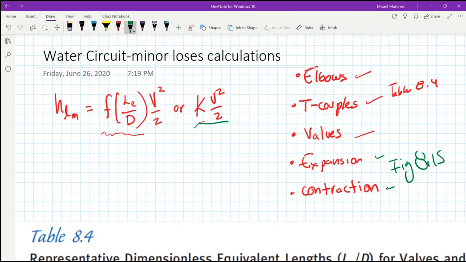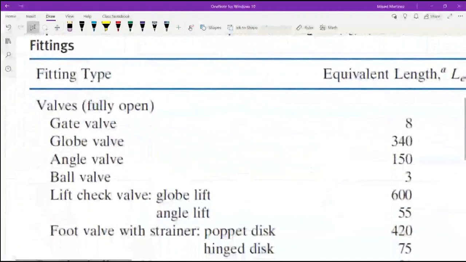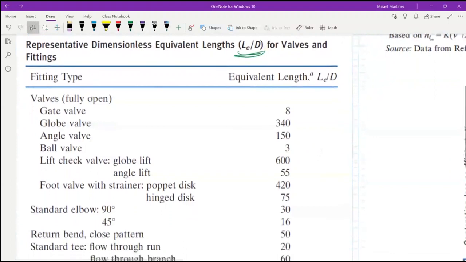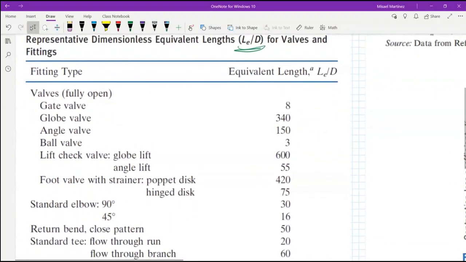So for the equivalent length for the elbows, T-couples, and valves, you go to table 8.4, and here it gives you some values to substitute for this term. You can see we have different types of valves: gate, globe, angle valve, and everything. And the one we're using in the lab is the ball valve, and you can see it has an equivalent length of 3.